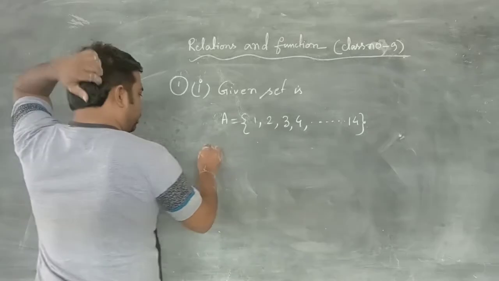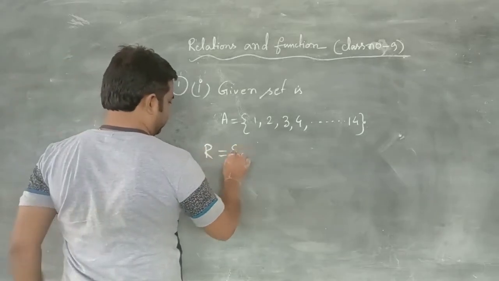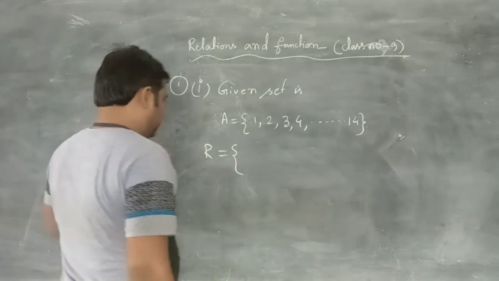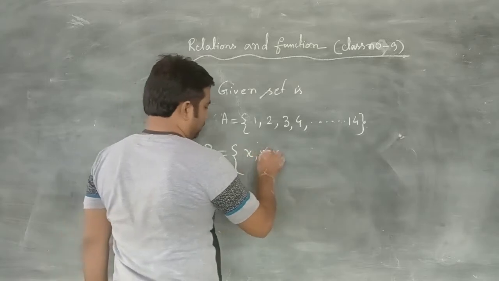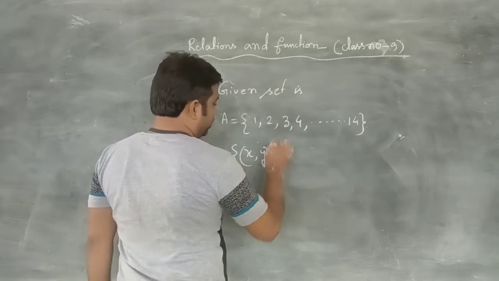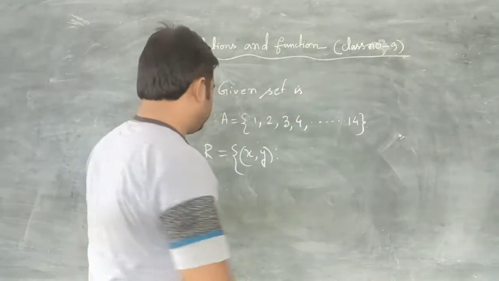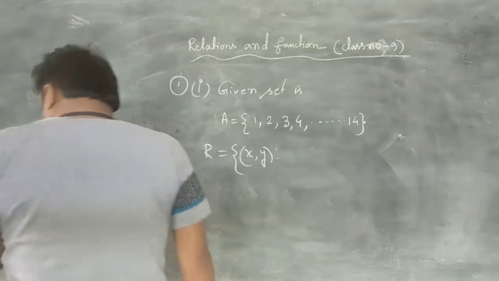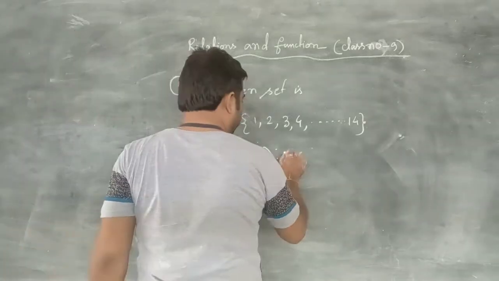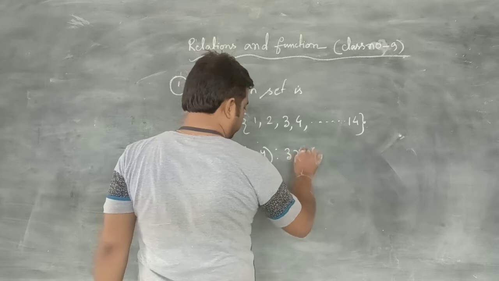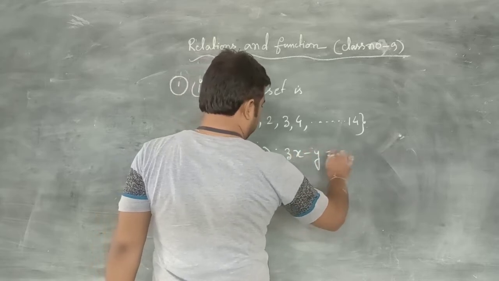What is the relation R? The relation R is {(x, y) such that 3x minus y equal to 0}.